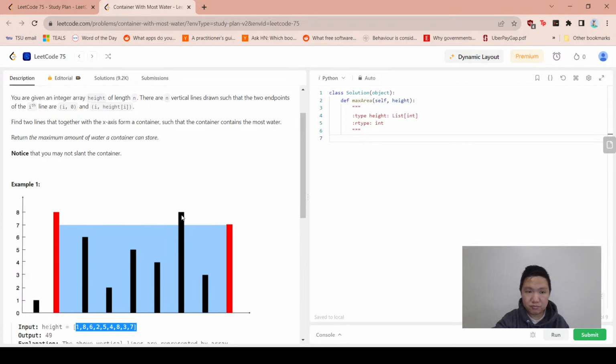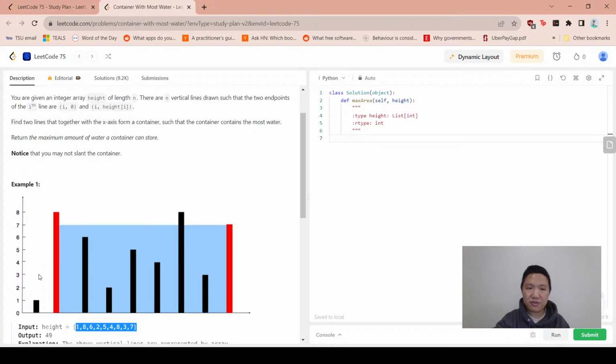But that's not true. Because remember, the volume of water actually is the area of water, technically. It's the height times the width. So 1 and 6 can trap water of depth 8. But the distance between them is 5.